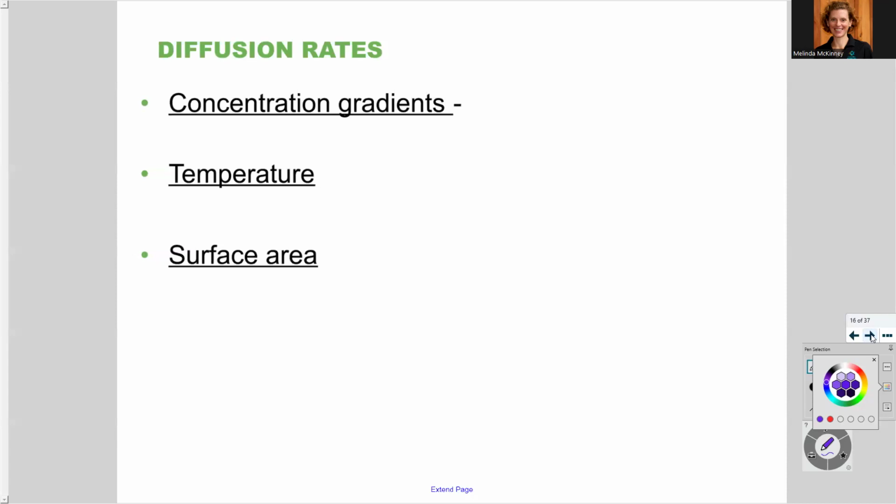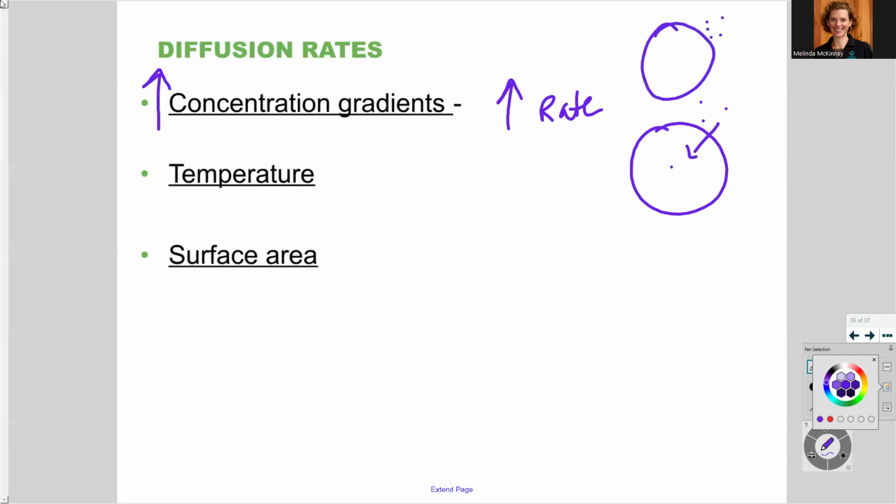Diffusion rates. If you have a higher concentration gradient, then you're going to have a higher rate. What that means is, say I just have 2 or 3 molecules out here and 1 in here, they will move in. But if I have another scenario where I have 100 out here and 1 in here, you're going to get that movement faster.